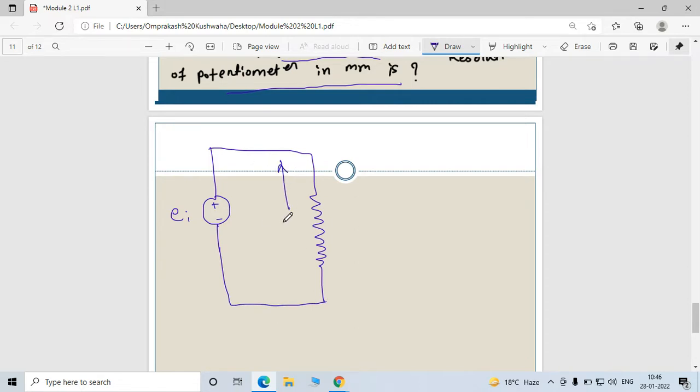So I can say that this is your xt. xt is nothing but the total length of your wire, which is 50 mm, as given in your question.